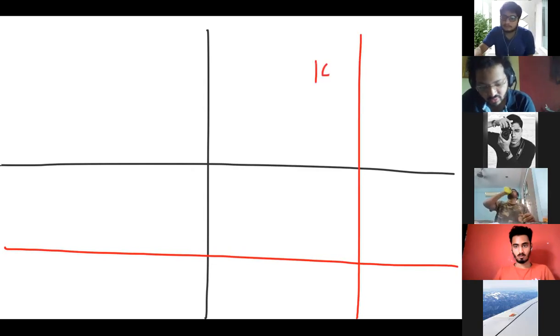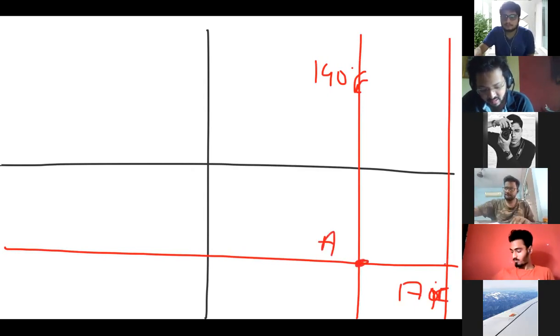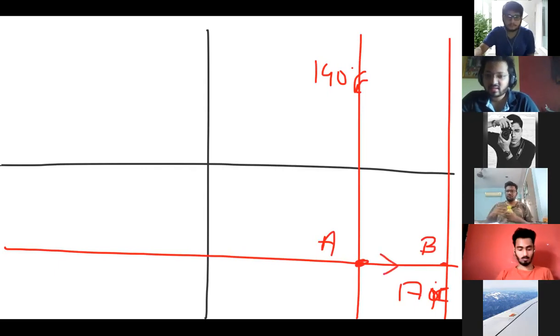So I can say this as 140 east and 179 एकदम last में आएगा. This is 179 east. So 1 point is here, that is A. 1 point is here, that is B. आपको यहाँ से यहाँ fly करना है. समझा? Cool.